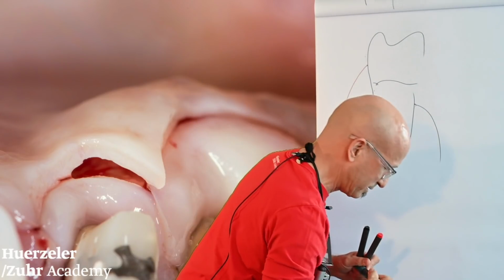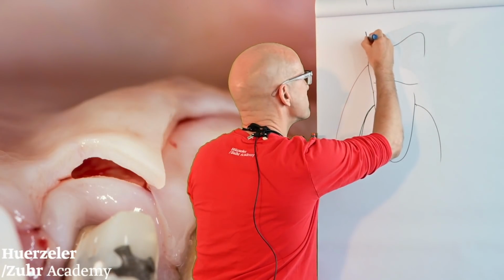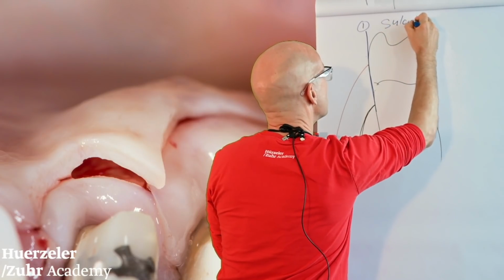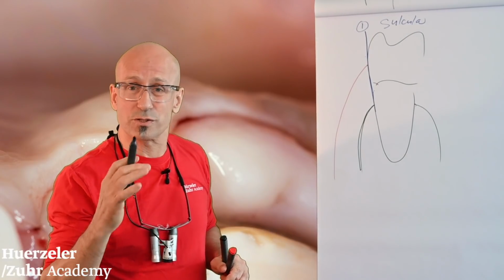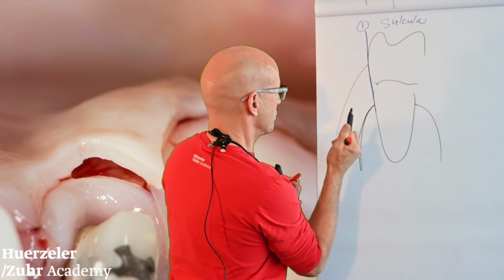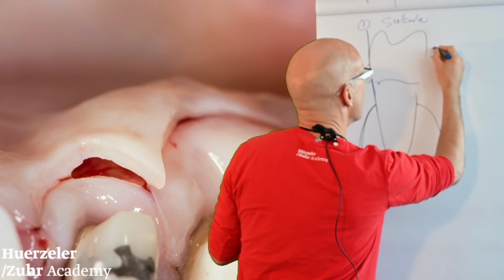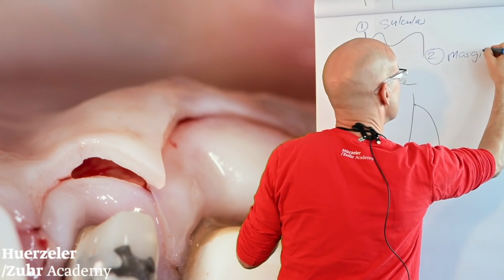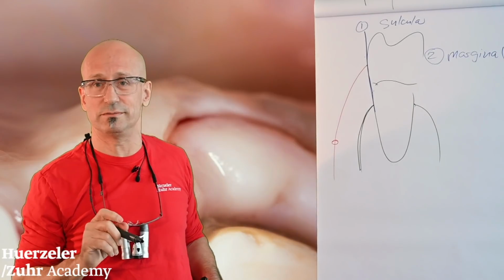We can cut into the periodontium first sulcular. Then we intend to do a full thickness flap. We can also cut through the periodontium, and you may have heard or read this word, marginal. So you can perform a marginal incision.